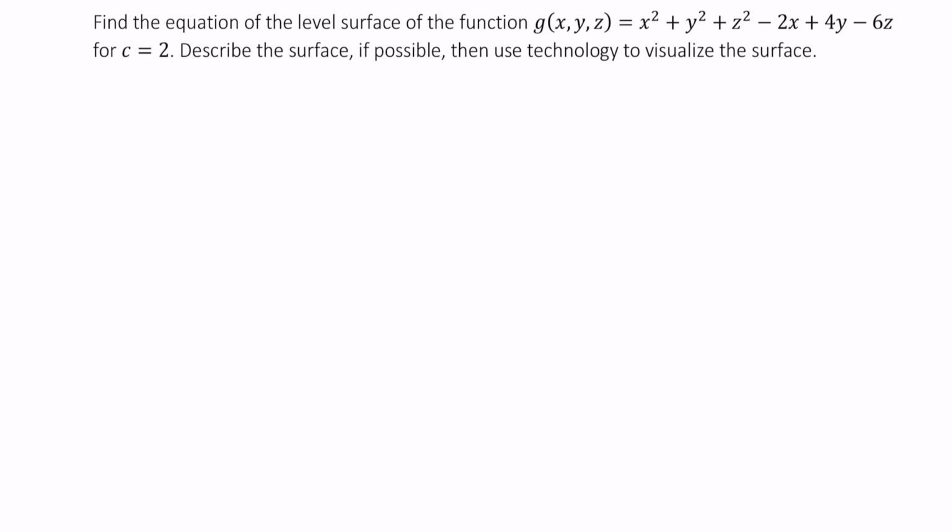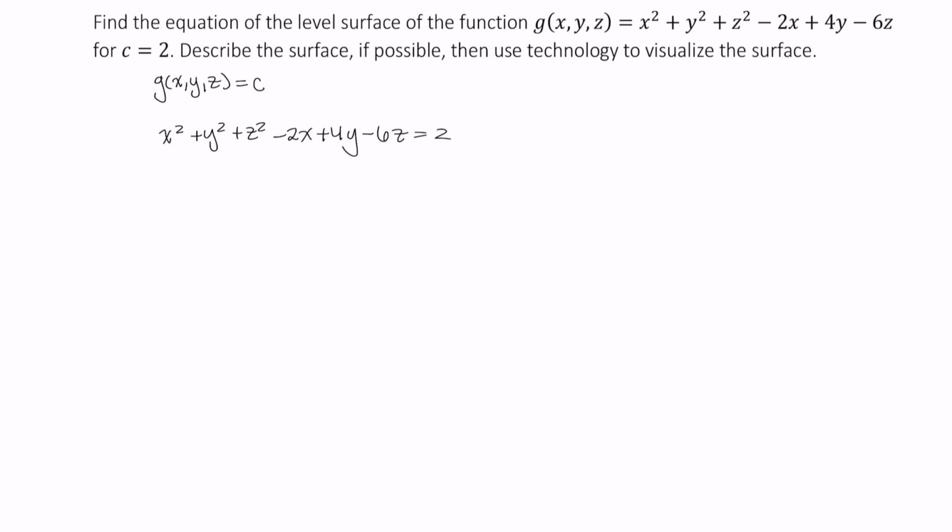Okay, so let's begin by setting g of x comma y comma z equal to c. So that's x squared plus y squared plus z squared minus 2x plus 4y minus 6z equals 2.